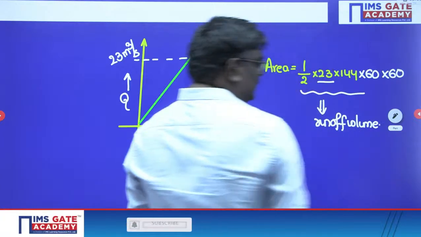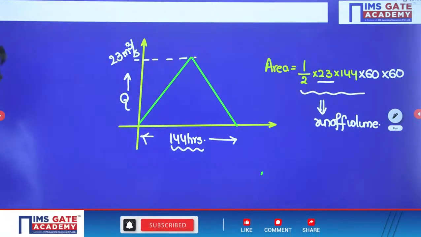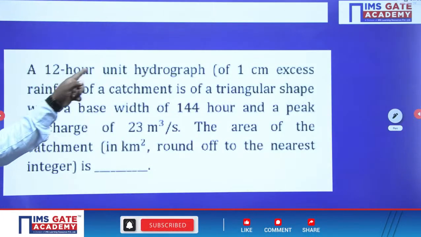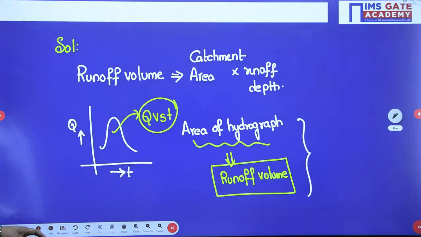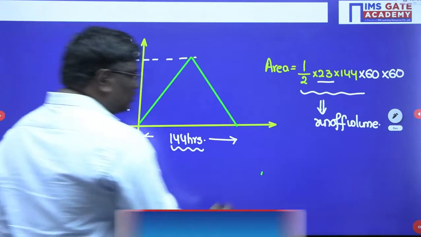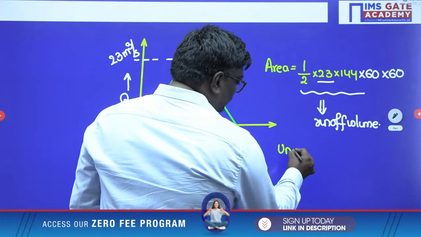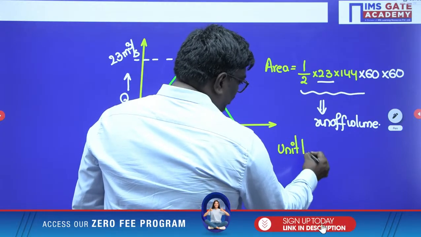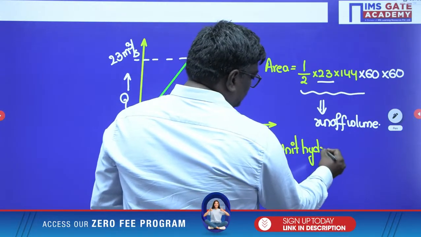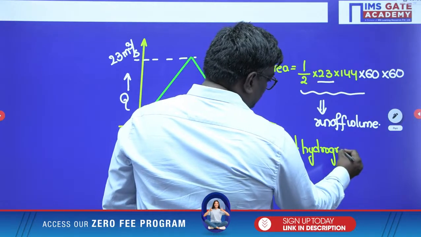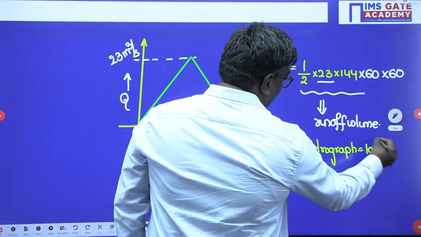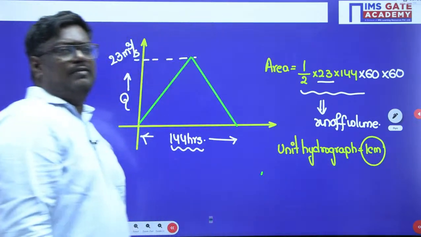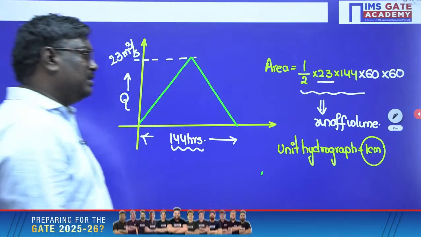Now, they have told in the problem one thing very clearly. It is a unit hydrograph. Am I correct or wrong, sir? So when the word unit hydrograph comes, this value will always be 1 centimeter.